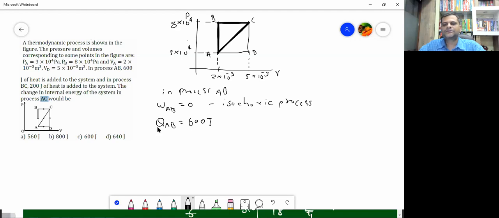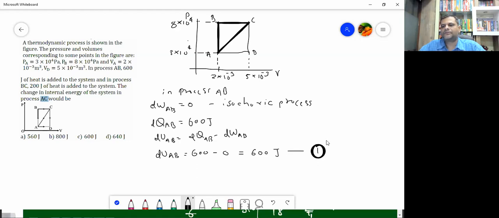Then if we use the dW, dQ और dU ऐसे सिंबल्स जो कि हमारे फर्स्ट लॉ ऑफ थर्मोडायनामिक्स के अंदर है. तो देखो यहाँ पे dW मिल गया, dQ भी मिल गया, तो dU कितना होगा? dU in case of AB will actually be dQ in case of AB minus dW in case of AB. करेक्ट है? यही तो है ना फर्स्ट लॉ ऑफ थर्मोडायनामिक्स. तो चेंज इन इंटरनल एनर्जी in case of AB will actually be dQ, which is going to be 600 minus 0, which is going to be 600 only. Yes, give this as equation number 1, no doubt.